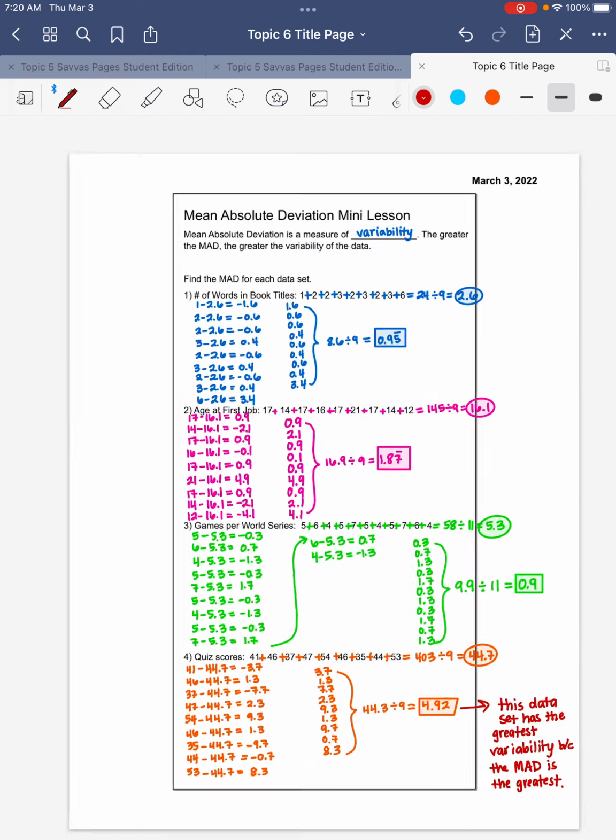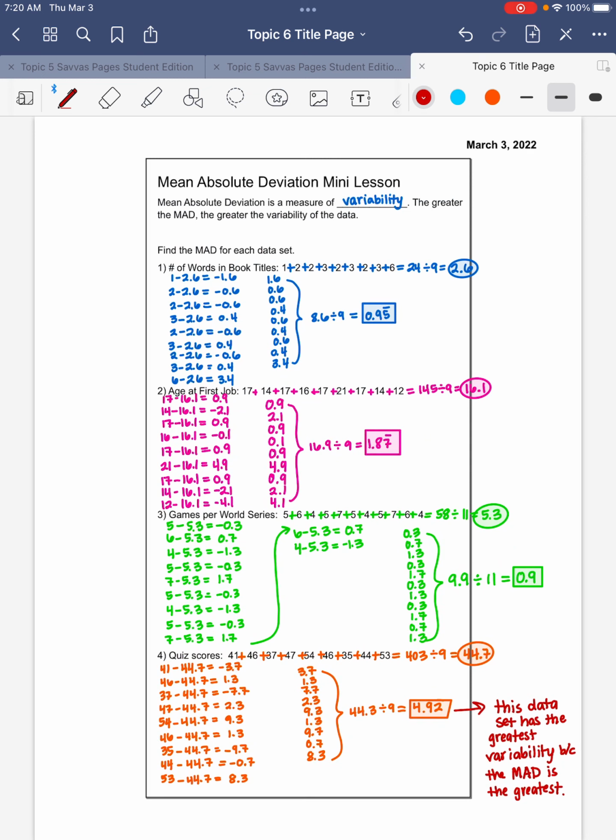Okay, so you will need to be able to tell between two data sets which one has more variability. So that's why I point that out. That has the biggest mean absolute deviation, so it has the greatest variability. That is the end of our little mini lesson on mean absolute deviation.